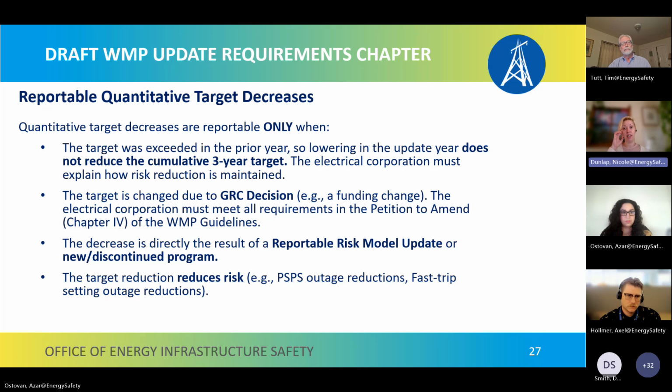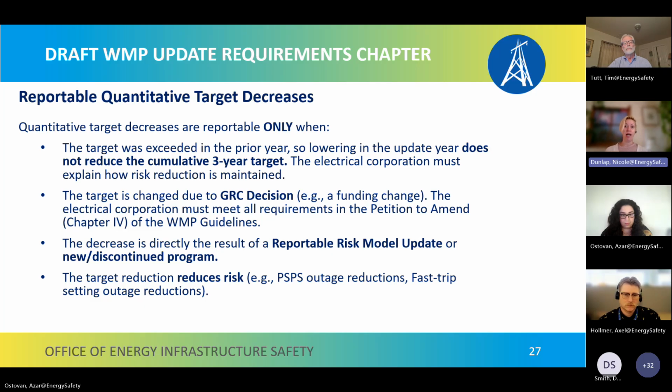A target could also be decreased if the electrical corporation received a California Public Utilities Commission issued general rate case decision, or GRC decision, and the timing of that decision better lends itself to a WMP update rather than a base WMP petition to amend.